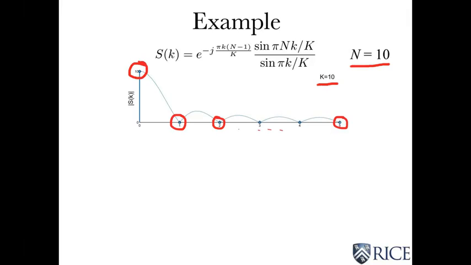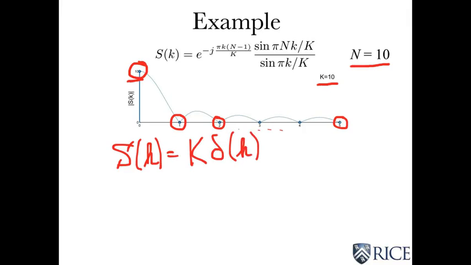So our spectrum calculation wound up being that capital S of k was capital K, that's the value 10 up there, turns out to be capital K, delta of k, a unit sample at frequency index 0.